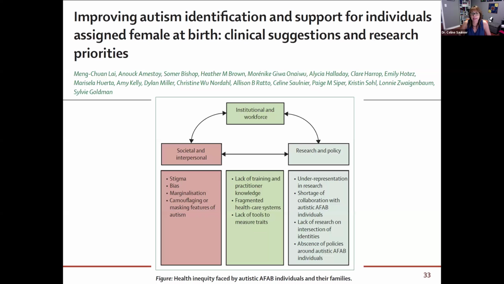And then the COVID-19 pandemic brought us all together as clinicians and researchers, in that we had to scramble to find ways to conduct diagnostic evaluations for autism virtually, when so many of our measures had to be done in person.